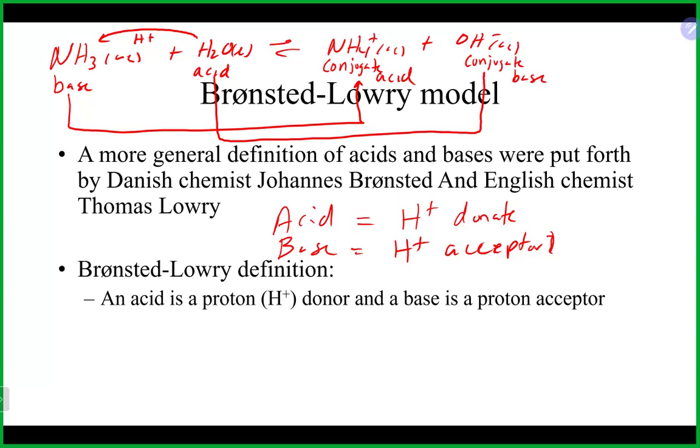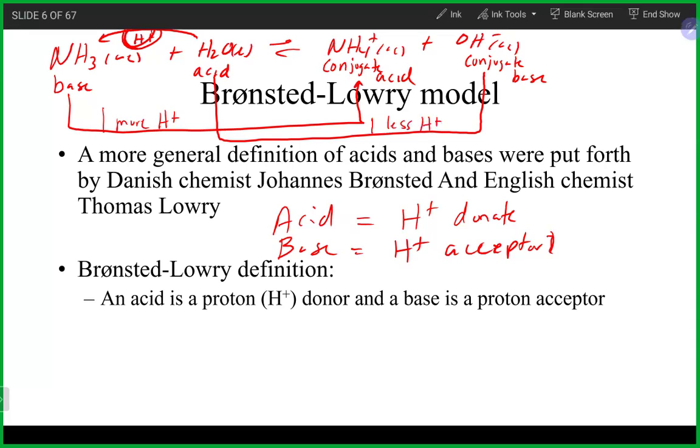The only difference between the base and its conjugate acid, and the acid and its conjugate base, is that 1 H plus that has been donated. When you go from the base to the conjugate acid, it has one more H plus. When you go from the acid to the conjugate base, it has one less H plus as partner.